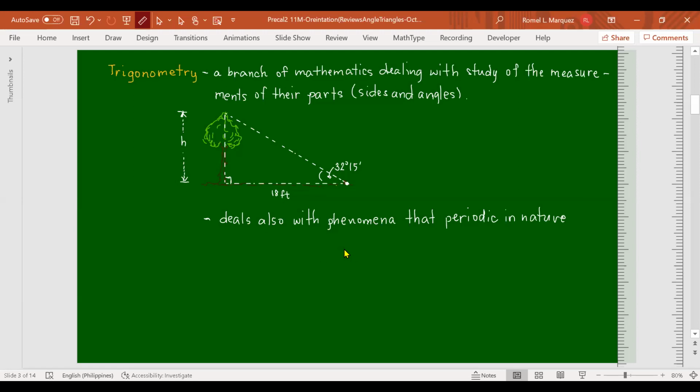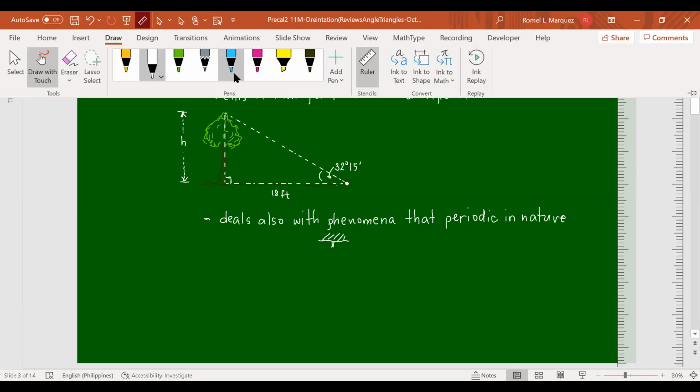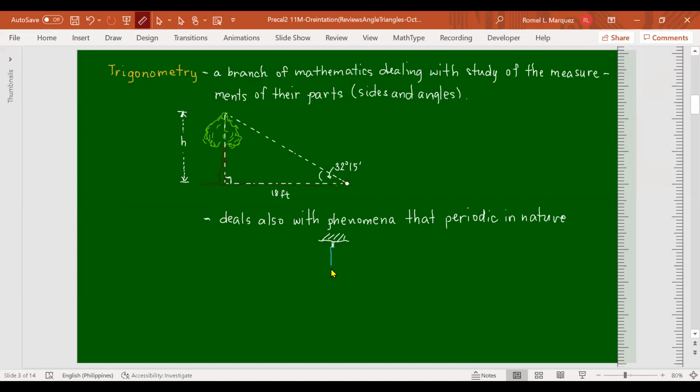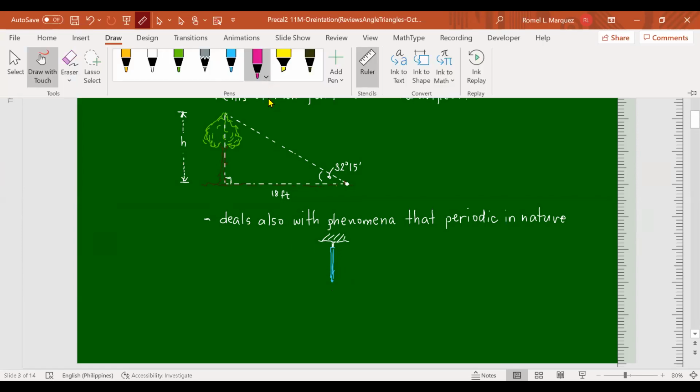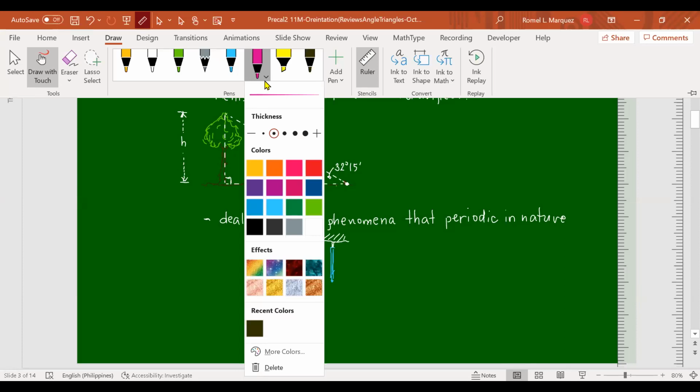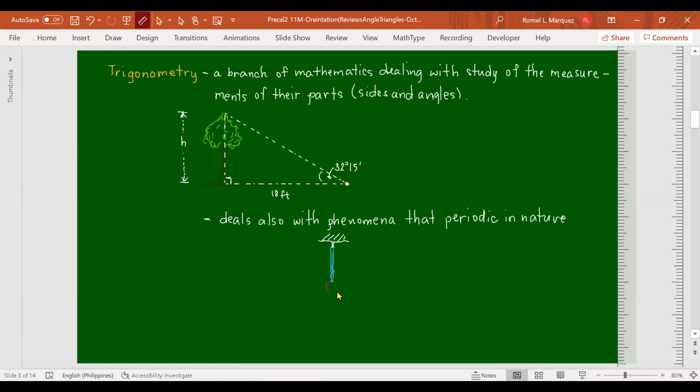Like if I have this pendulum, let's say I have this pendulum. And of course, there is something circular, so let me draw a circle.